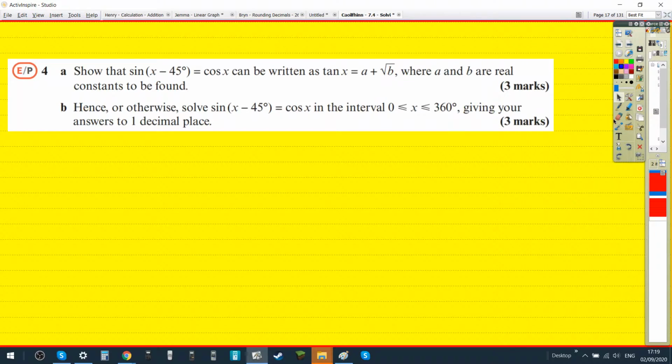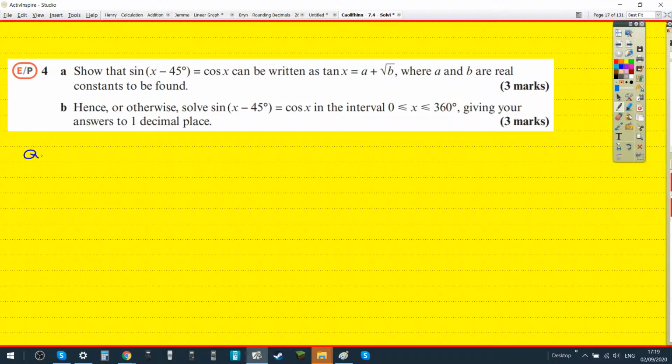Part B. So x equals tan to the minus 1 of 1 plus root 2. Yep. Which gives us 67.5.